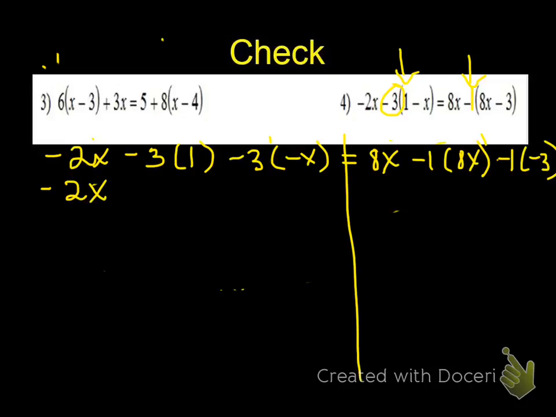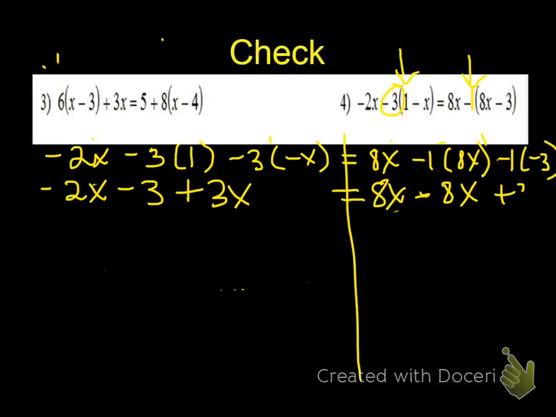Negative 2x minus 3. Negative 3 times negative 1 is plus 3x equals 8x. Negative 1 times positive 8 is negative, or minus 8x, and negative 1 and negative 3 gives us a positive, or plus 3. Simplify terms on the left side and the right side.